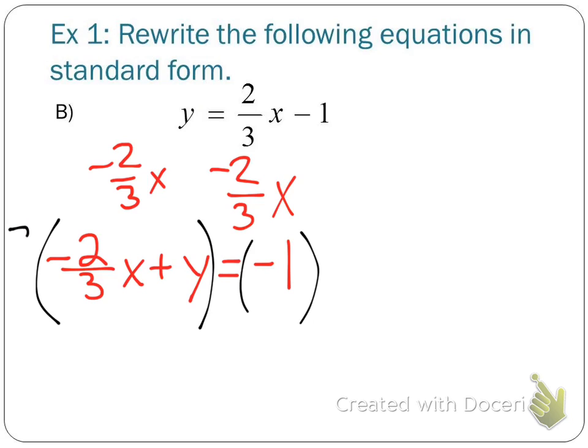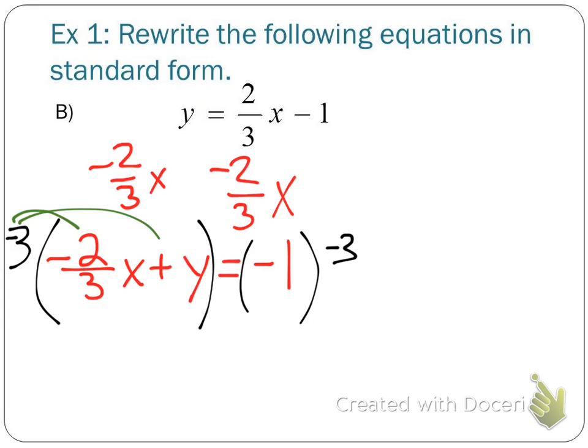Multiply by 3 will get rid of the fraction. Multiply by negative 3 will change the sign. Got to do that to both sides. All right, so everything up front gets multiplied by that -3. What will I end up with for my x coefficient? 2x.